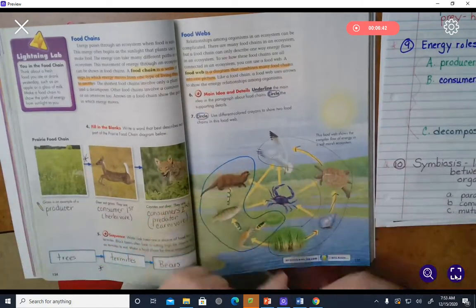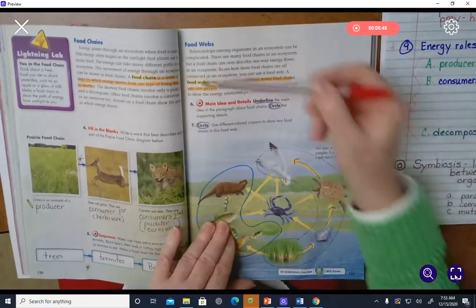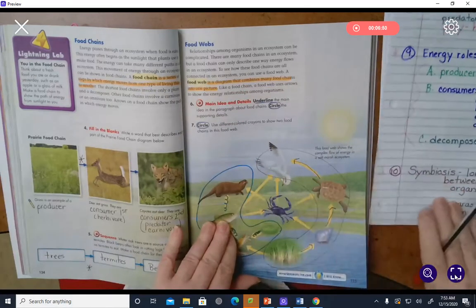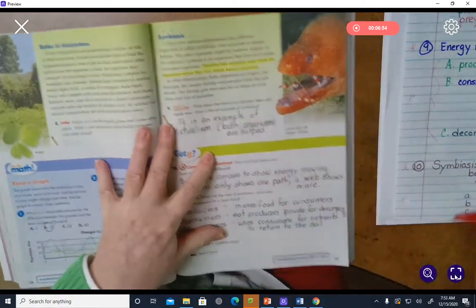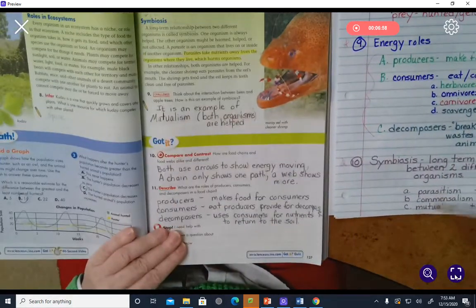They were covered on worksheets in your book. You had to find one for your ecosystem, so it's not something that just popped up. Symbiosis is number 10. These are 3 new words that I would ask you to know the meaning of.